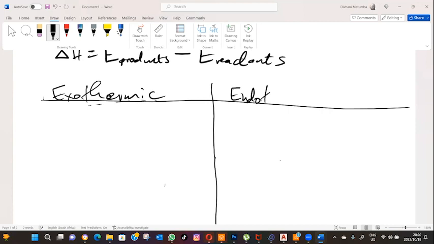Now, for exothermic, the change in energy is negative. It means the energy of the products is less than the energy of the reactants.